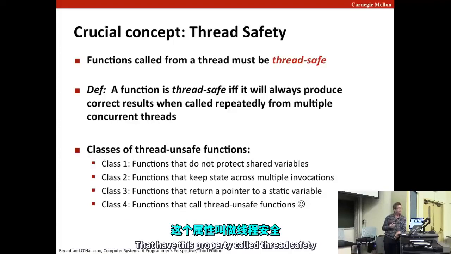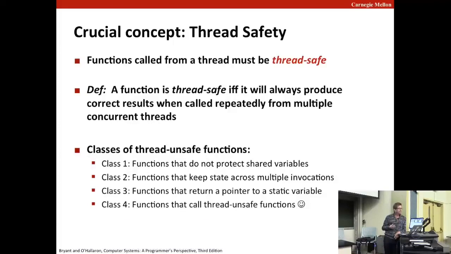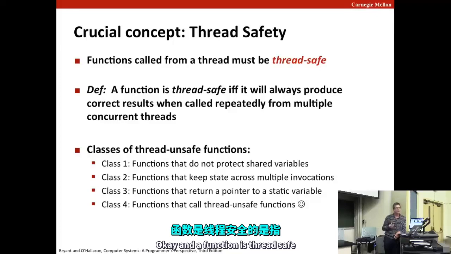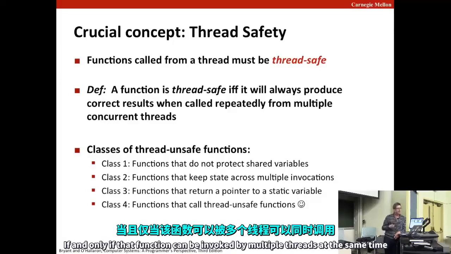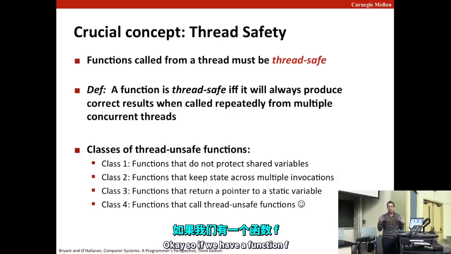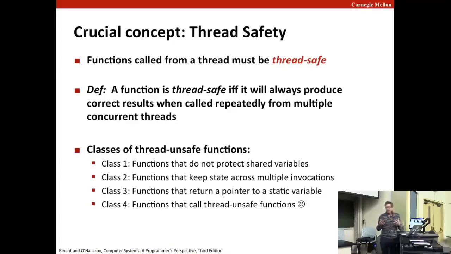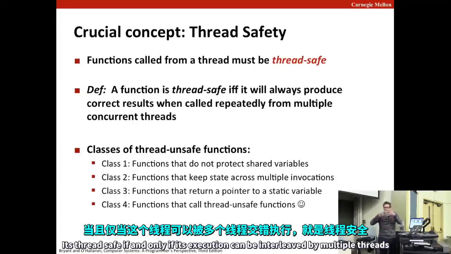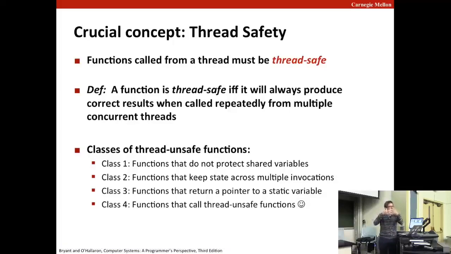A function is thread safe if and only if it can be invoked by multiple threads at the same time. So if we have a function f, it's thread safe if and only if its execution can be interleaved by multiple threads.